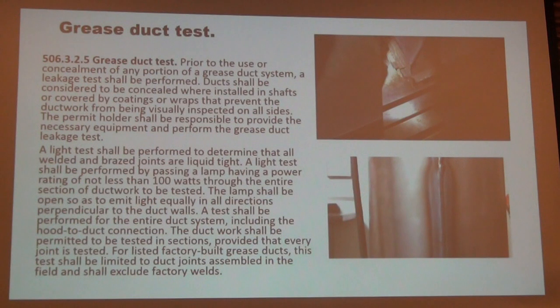It makes it easier for me, because once that ductwork gets installed, for some reason all the trades are around the ductwork, and if you try to climb on top of the hood, it's almost impossible to get to it. Not to mention, you could be in a very tight spot up there on some of these. Yeah, exactly. So I try to leak test, white light test as much duct as I can.